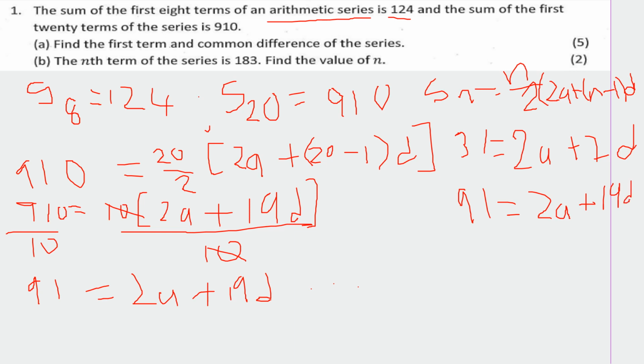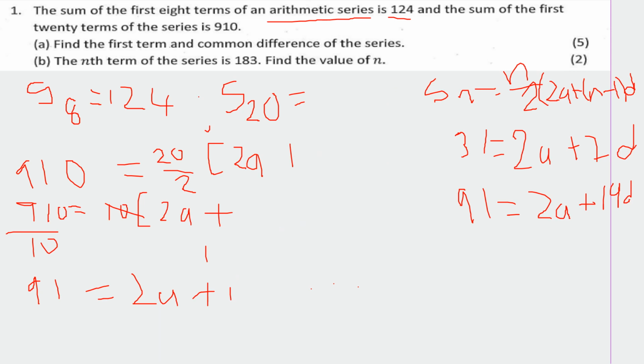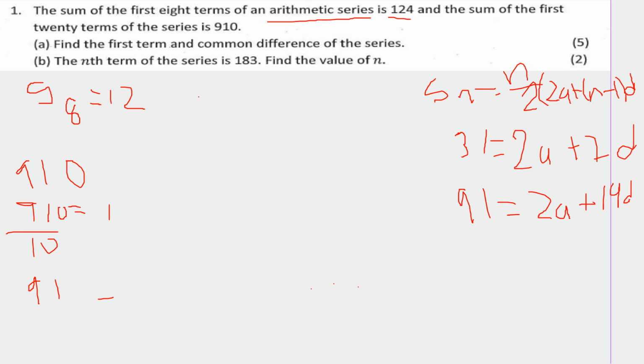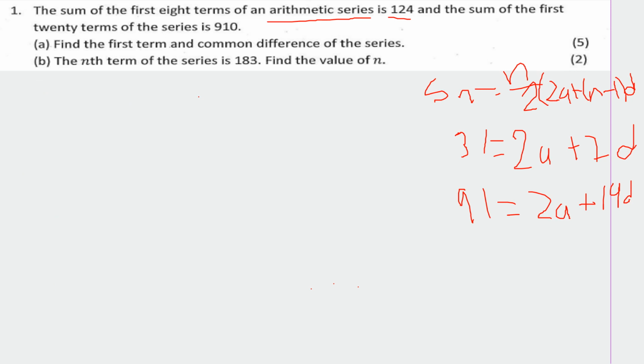Okay, so let me just erase here. So basically now we have these two equations of ours, but now we have to solve for both a and d. In this case, I'm just going to use the elimination method because I can see there is a variable that can cancel out.